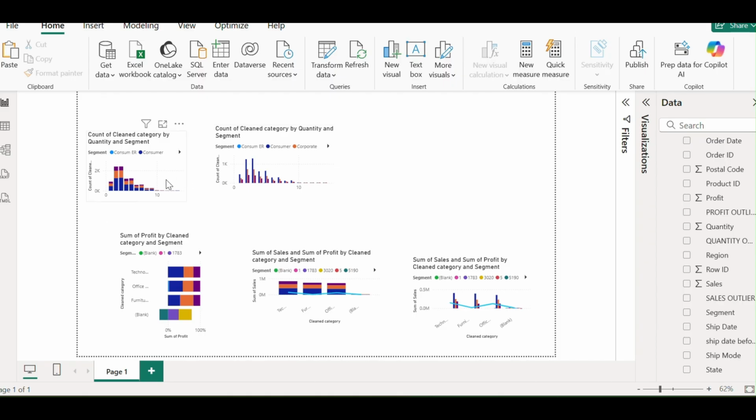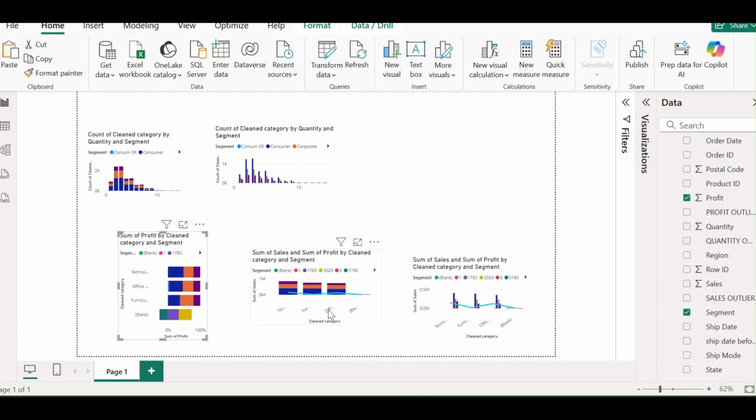This one is our stacked bar. So totally 8 different charts are there for bar and column charts. You should know the difference between stacked and clustered. Stacked means comparing one segment to three categories, but here we are comparing three segments to one category. And this one is to break down the profit.